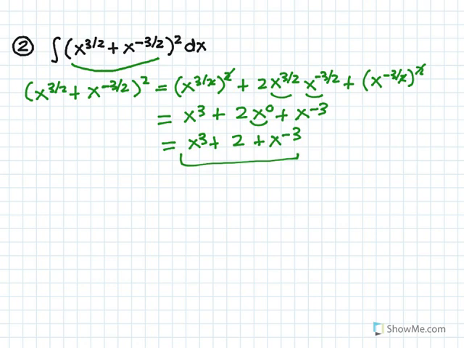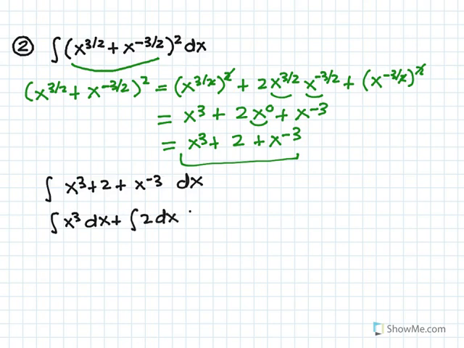So let's integrate that. That's integral of x cubed plus 2 plus x to the minus 3 dx. And the integral of a sum is the sum of the integrals. So let's write that out: integral x cubed dx plus integral 2 dx plus integral x to the minus 3 dx.